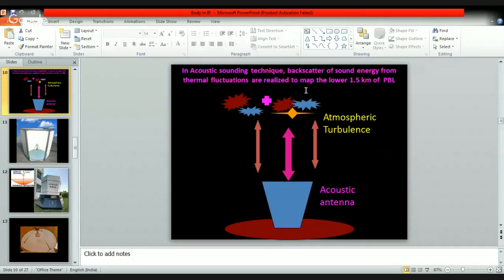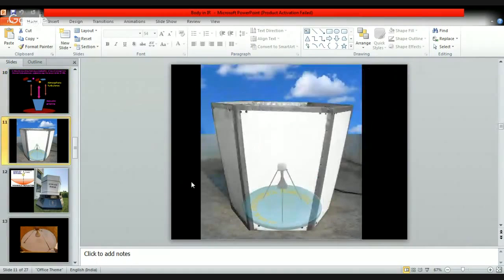So we transmit a powerful pulse of sound, say 100 watts of electrical energy, and what we receive is about 10 to the power minus 12 watt or 10 to the power minus 14 watt. And to realize it, this is what we do.